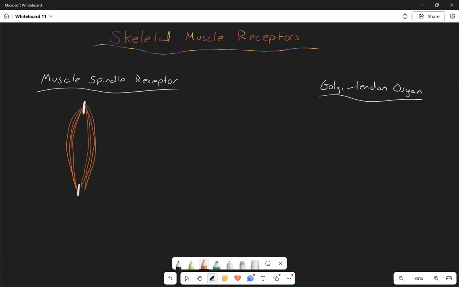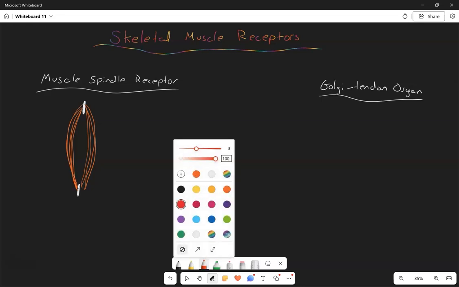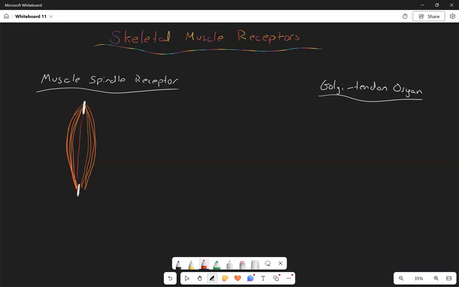Okay, but we have muscle fibers superficially, but then I'm going to draw in red some more muscle fibers internally. These are intrafusal muscle fibers.